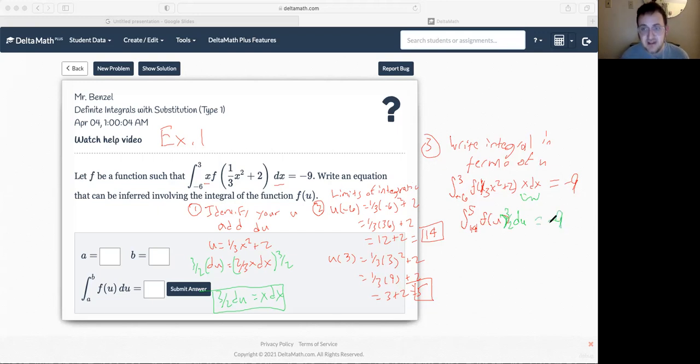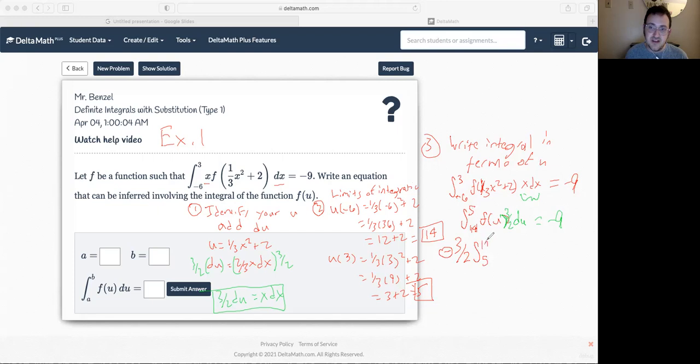Now notice that I have this constant of 3/2. I'm going to take out the 3/2 and put it in front. And I'm going to stick a negative sign in front as well, and flip that limit of integration so that it goes from 5 to 14.